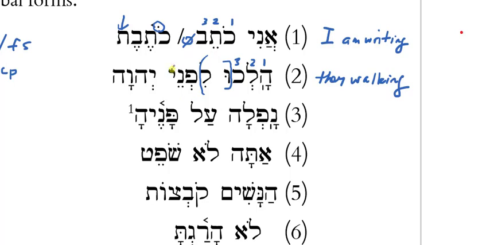Why do I have panei here instead of panim? It's construct. It's a construct ending, isn't it? That means this is thing 1 and that's thing 2. Panei Adonai is the face of Adonai. Lepanei Adonai becomes lifnei Adonai. This is to the face of.